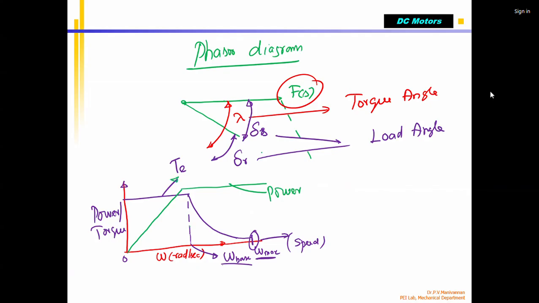Okay. This region is called as constant torque region. You can see that it is a flat curve, correct? The violet color, it is a flat curve up to W base. From 0 to W base, it remains constant.